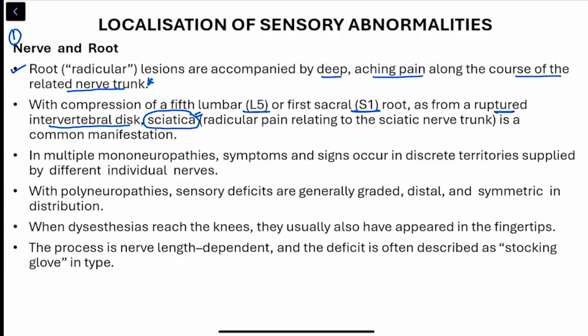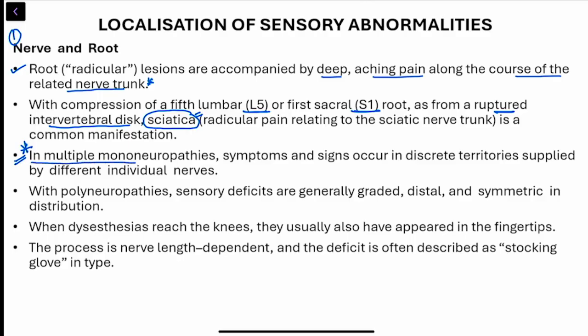When multiple mononeuropathies are there, I mean single nerves are involved, not roots, right? Roots will combine to form trunks, and trunks will combine to form cords, and cords will give rise to nerves. So here we are basically discussing neuropathy, the involvement of the nerve.